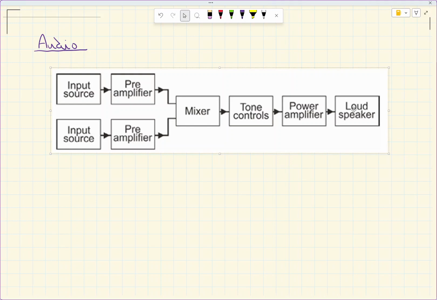Okay, moving on past that, then we need to talk about maximum voltage transfer and maximum power transfer.